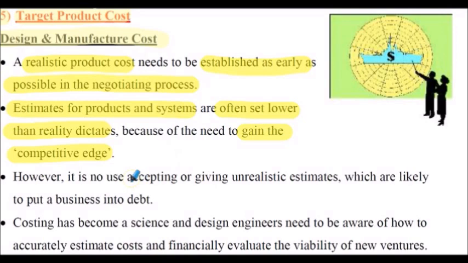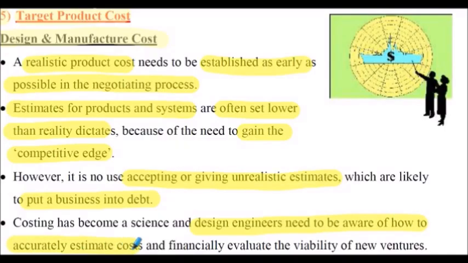However, we need to be careful in accepting or stating unrealistic estimates because this approach can potentially put the business into debt. Design engineers need to be aware of how to accurately estimate costs and financially evaluate the viability of new ventures, new products, new systems, etc.